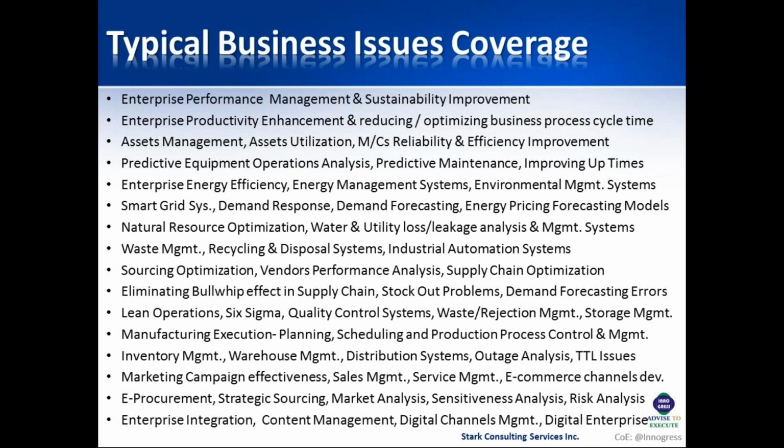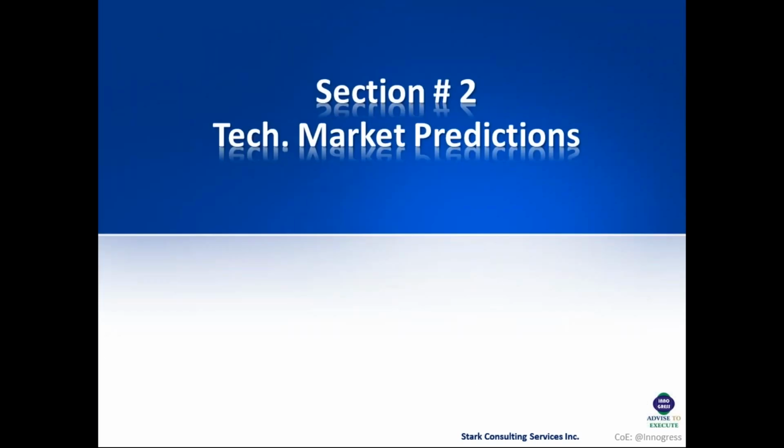There are many solutions coming in water and utility management, waste management, sourcing optimization, vendor management. And then lean operation, Six Sigma, manufacturing execution planning, e-procurement, e-commerce, sales management, service management, channel development, customer service management. So some of these are the areas I'm just bouncing to you.